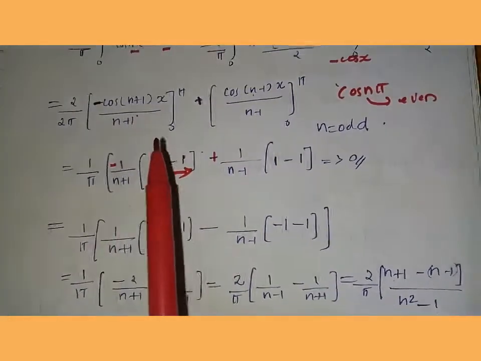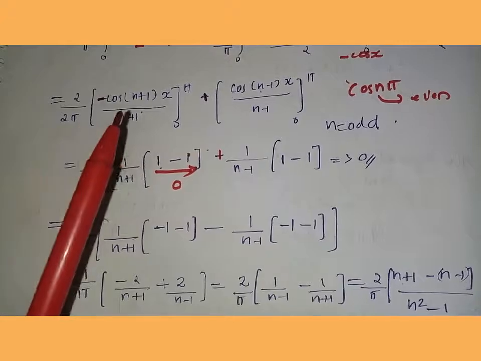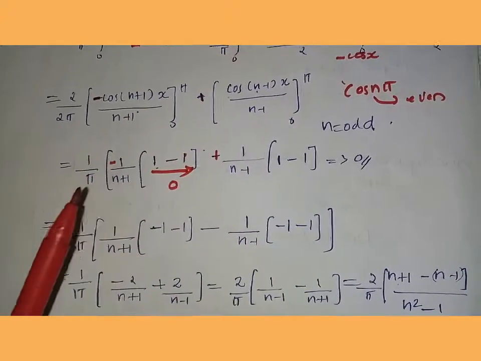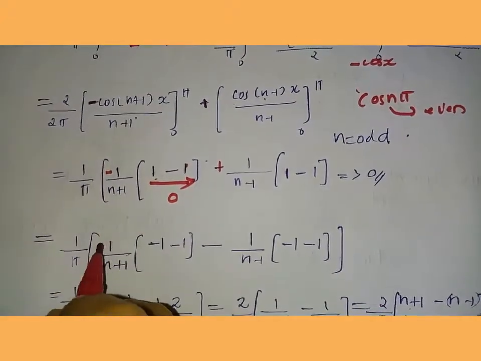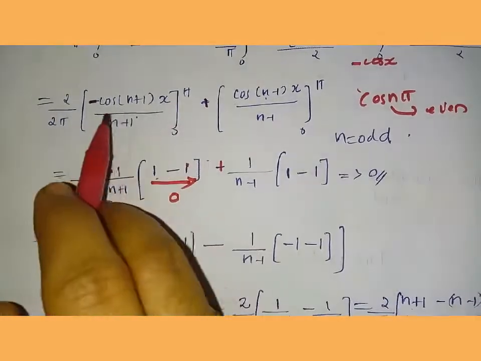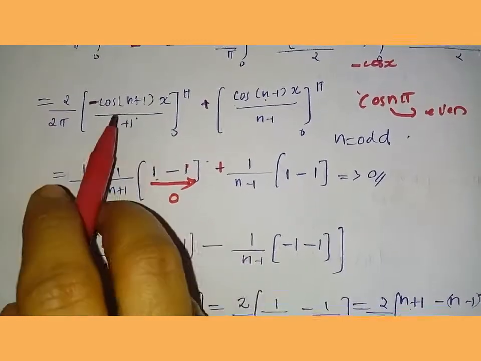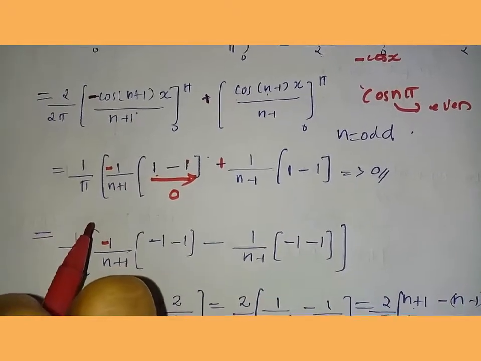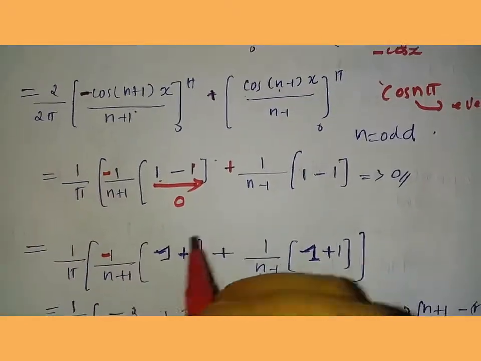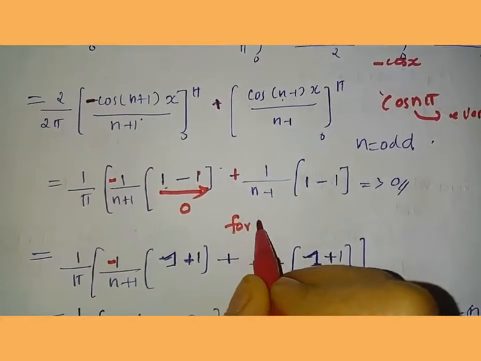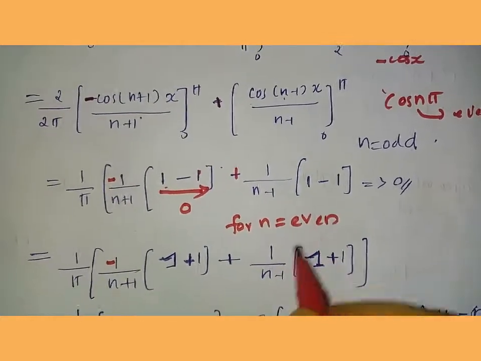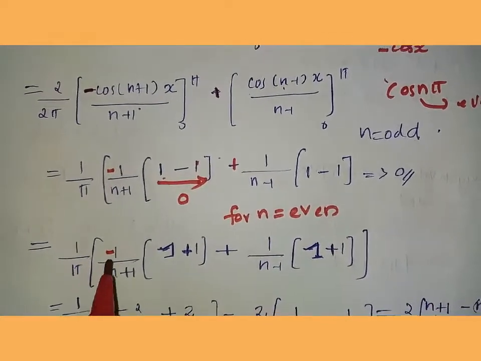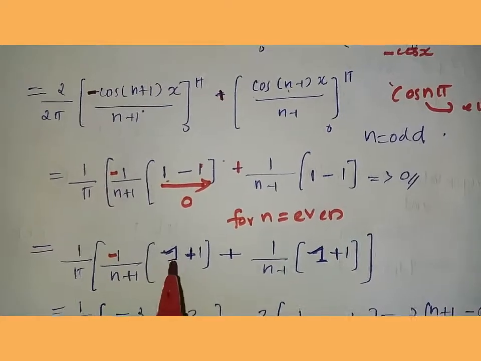For n even, we have the form that is 1 by n minus 1, by n plus 1 is common, and we can substitute. We get the answer, for n equal to even, as 1 by pi, minus 1 by n plus 1.